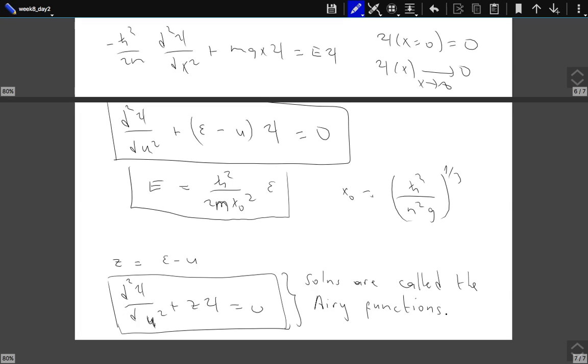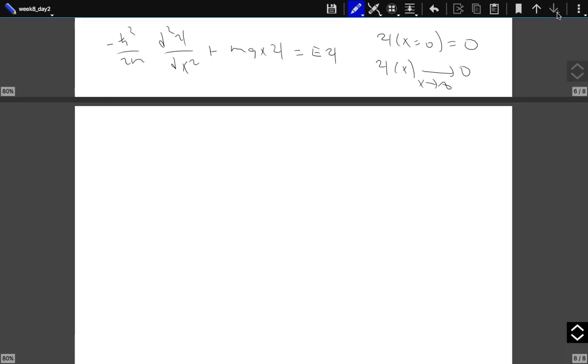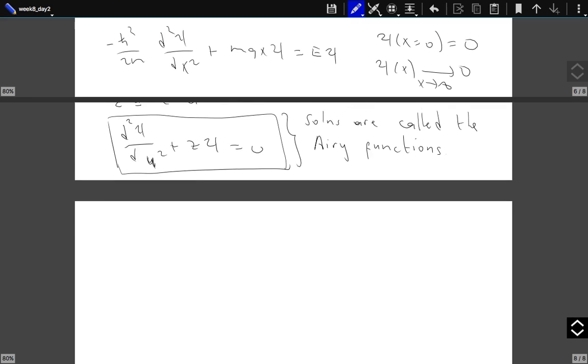Again, it's a second order differential equation, so it has two solutions. One of them will not be normalizable. Just like in the previous case, one of them goes to 0 exponentially, the other one diverges exponentially. So what we are interested in is the one that goes to 0 exponentially. So psi of z, let's say that is called Ai of z.